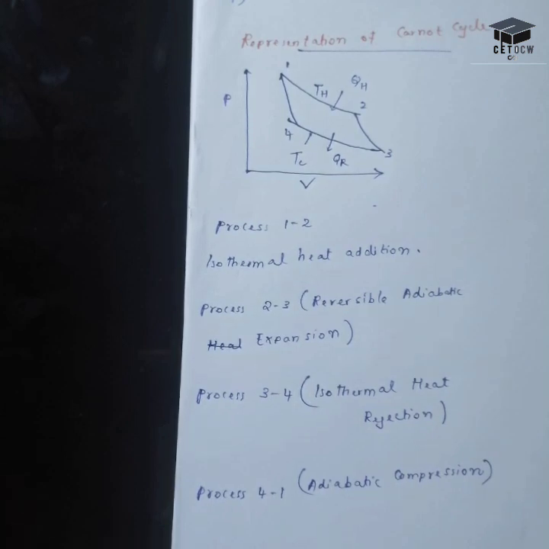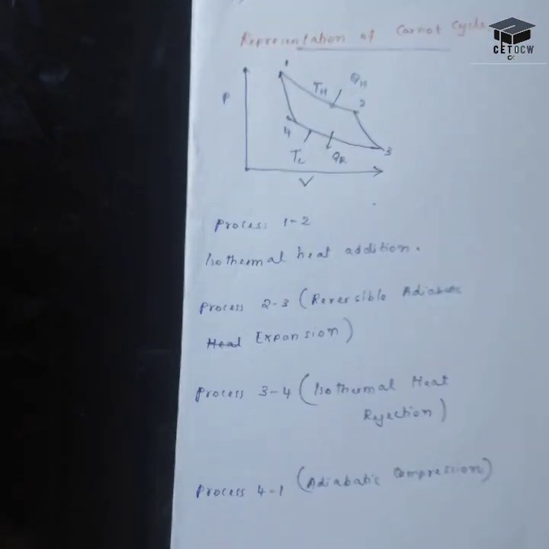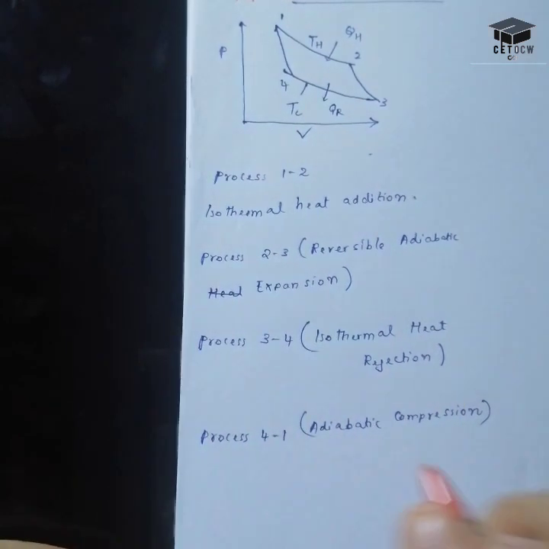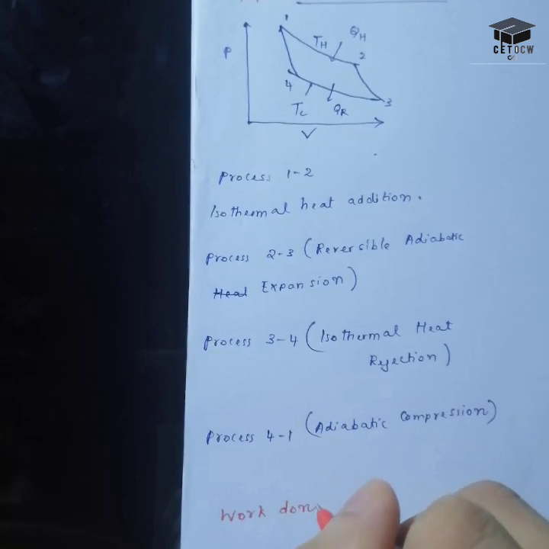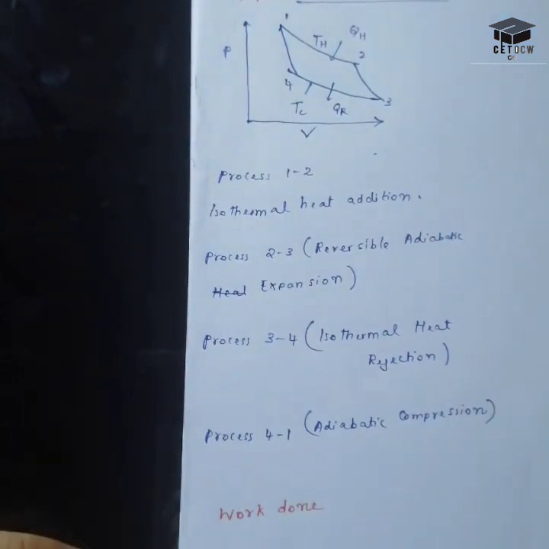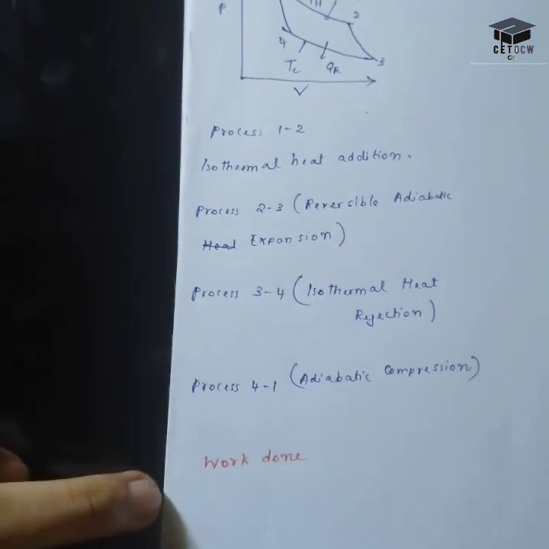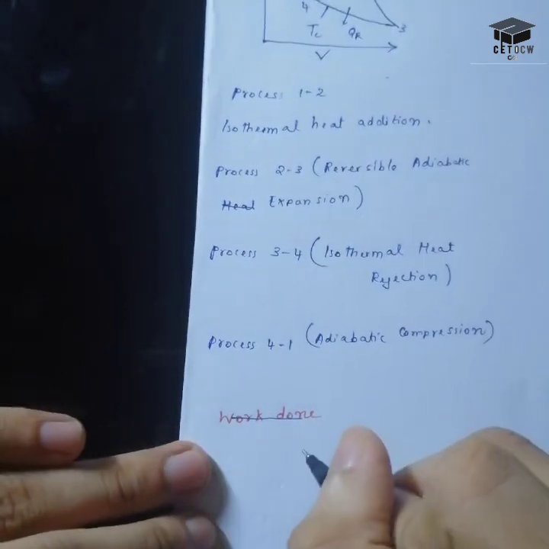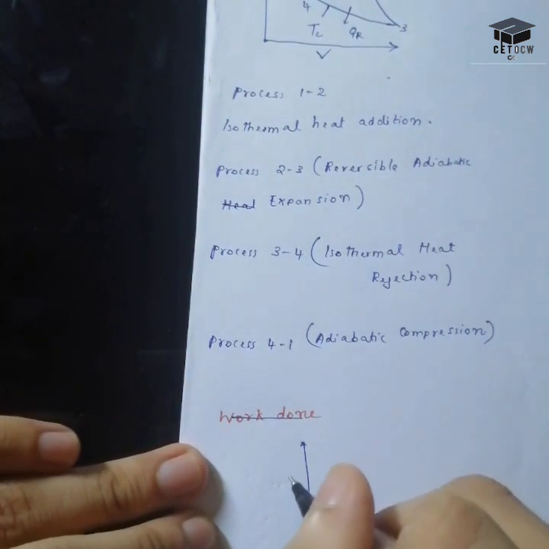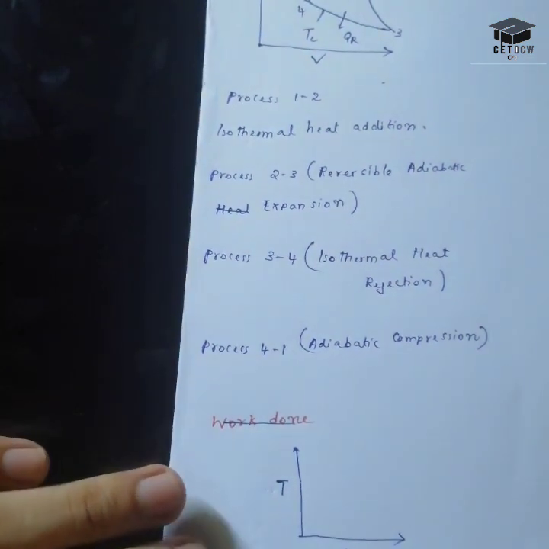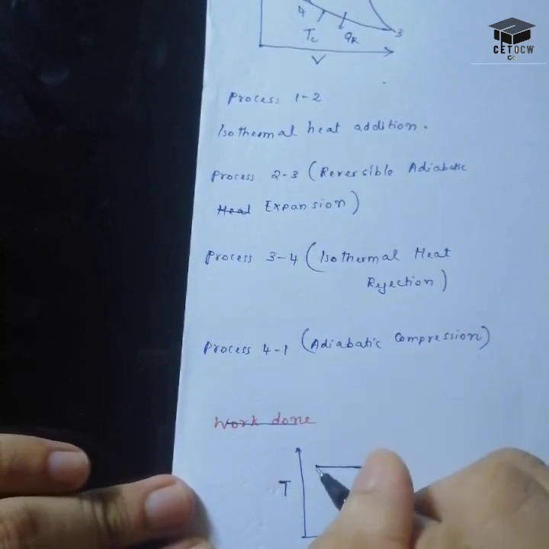Next we can discuss the work done by the Carnot cycle. Before discussing the work done, we can represent this Carnot cycle in a TS diagram. Let this be T, this be S. This is how the Carnot cycle looks in a TS diagram.